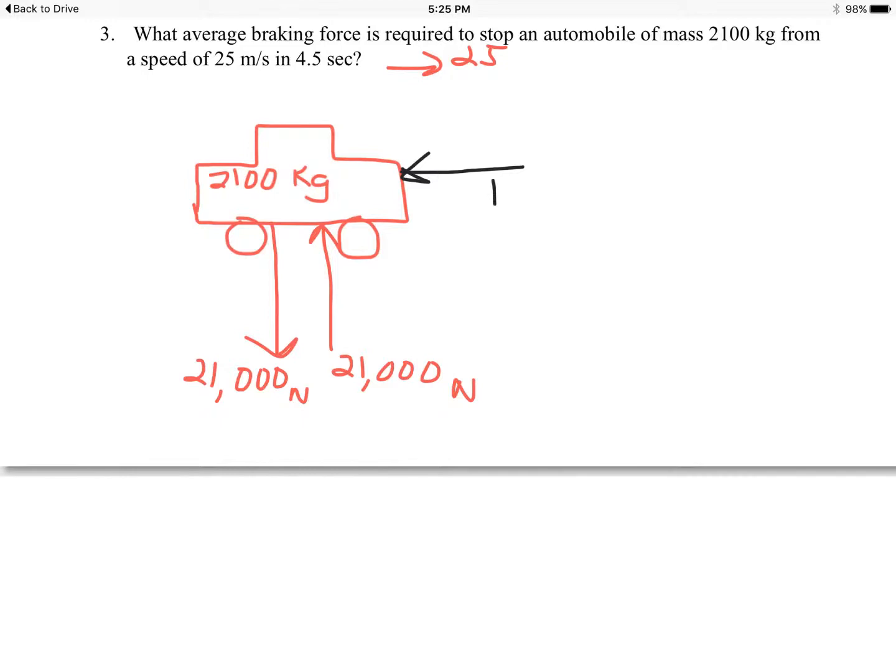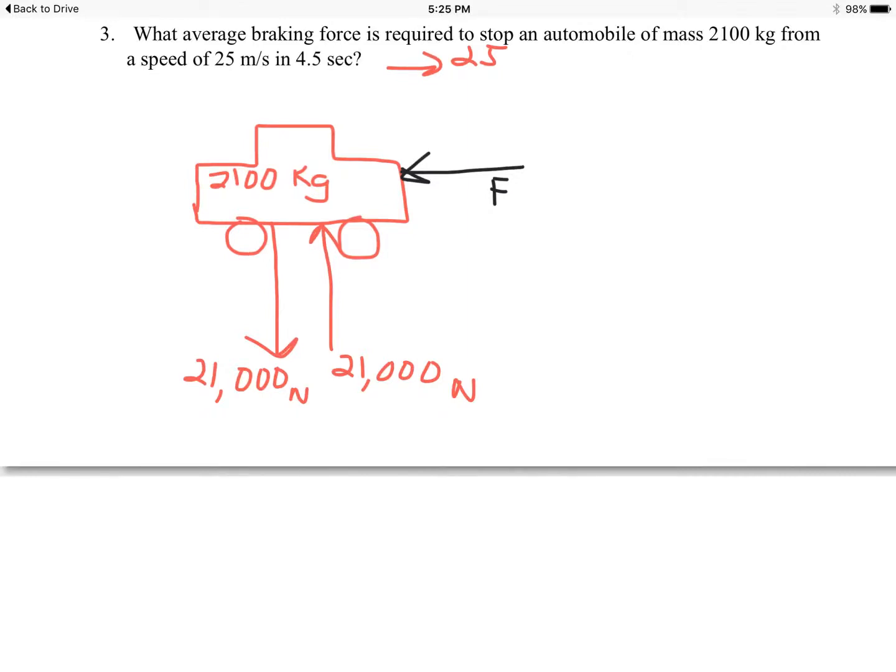I'm just going to call that F. You can call it force of brakes, but it's a force that's stopping the car, working through the inner parts of the tires and the wheels. All right. Now, that's the only force working horizontally. So that makes the problem easy when I apply Newton's second law. But you'll see one little issue here.